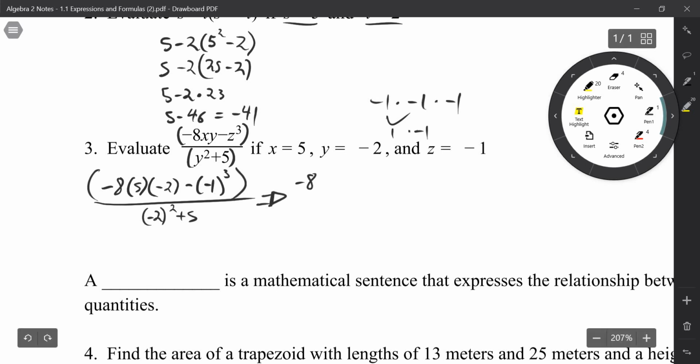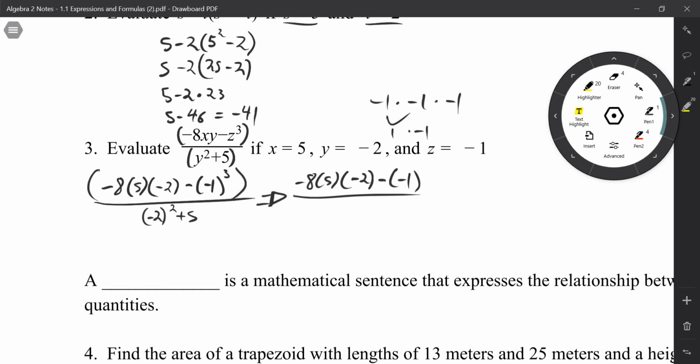So we'll write in everything else. -8, 5 times -2 minus -1. And here on the bottom, we also have an exponent, -2 squared. -2 times -2 is going to give us 4 plus 5. Excellent. Now here up on the top, we've dealt with the parentheses that matter.